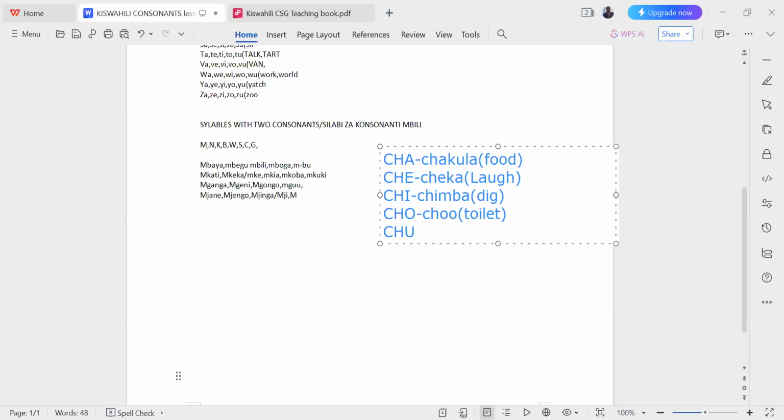Or you can also have the word choka, which means tired. And in chu, we have, for example, the word chumba, which is a room. Or we have the word chura, which means frog.